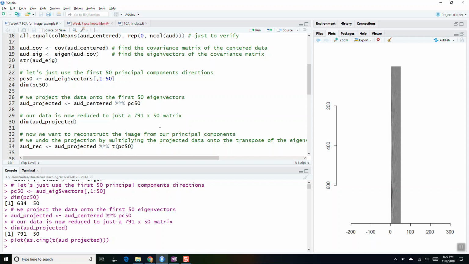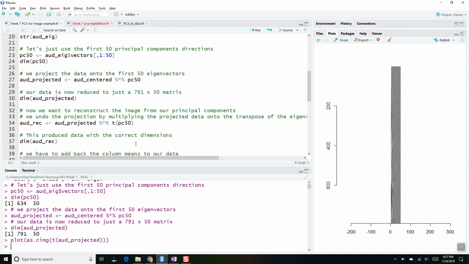In order to make sense of it, we need to project it back into its original form. So I'm going to take my projected data, which is the small version, 791 by 50, and multiply it by the transpose of the operation we did to project it.